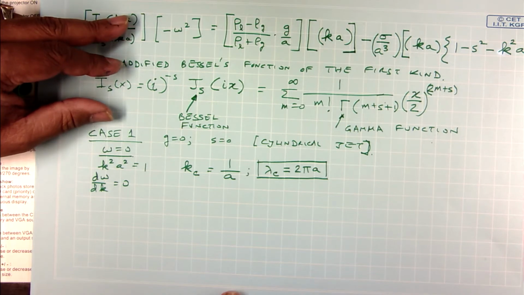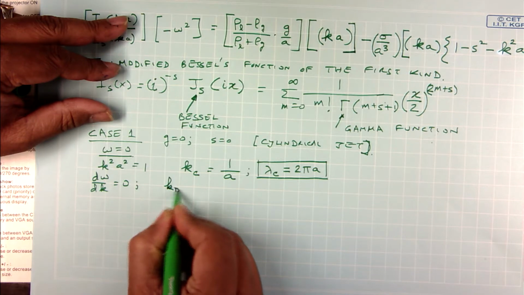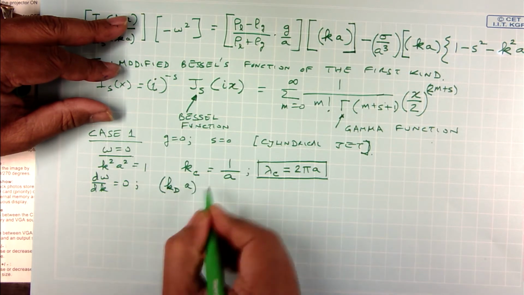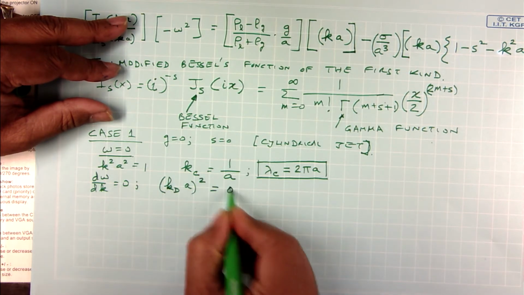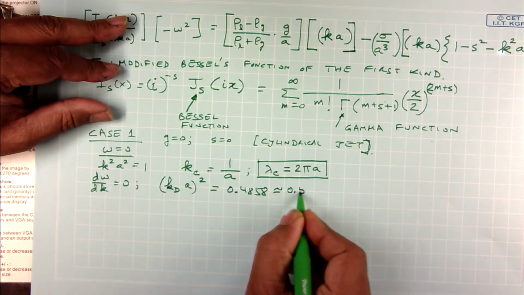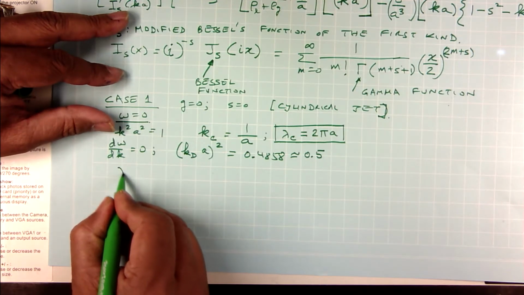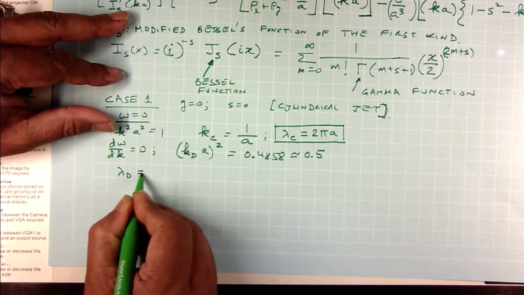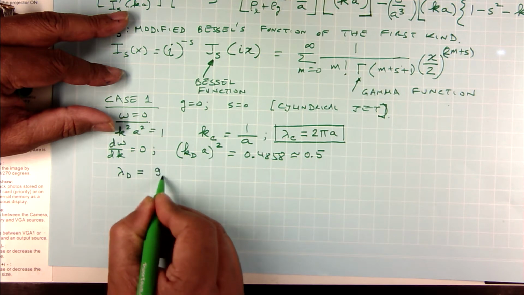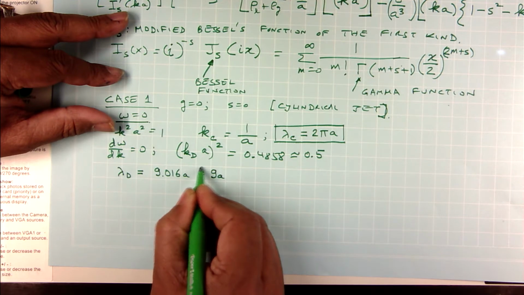If you do a numerical solution, the answer comes out that your k d times a whole square comes to equal 0.4858, or effectively 0.5, let us say. What that means is your lambda d is equal to 9.016 times a, or roughly 9 times a.